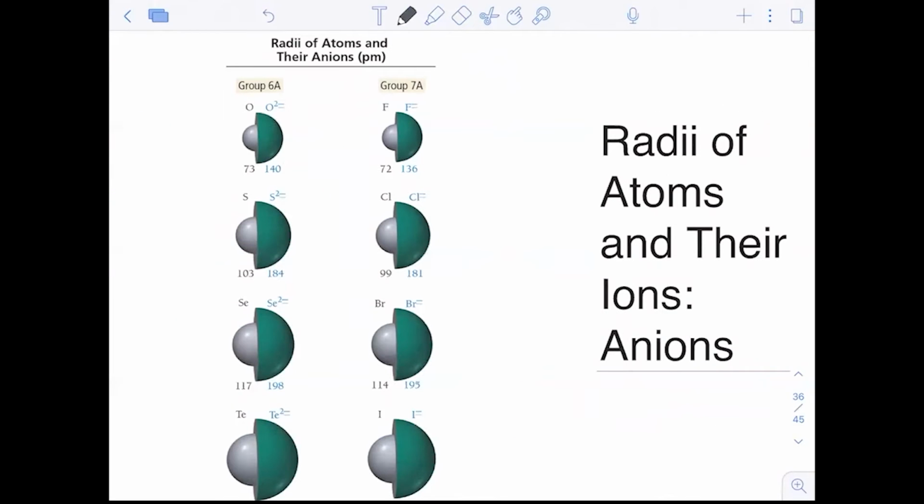Here again, we see the other half of the periodic table, group 6A and 7A, or 16 and 17. As we again move from left to right on the periodic table, we see that size decreases because the Z effective is increasing.